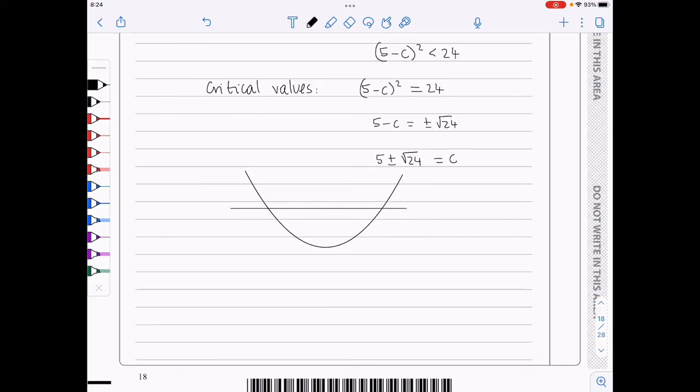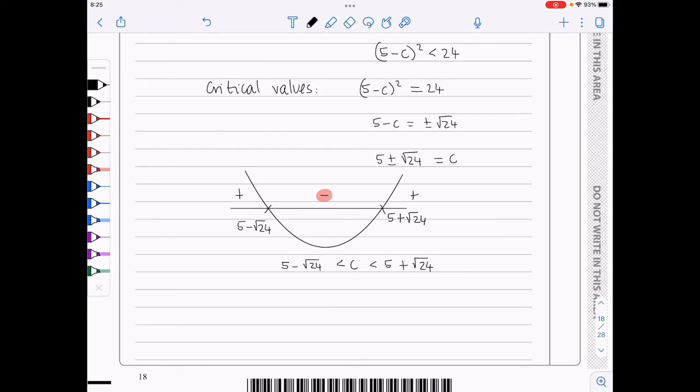It's a smiley parabola because if I expand this, the coefficient of c squared will be 1, which is positive. The critical values will go on this sketch, 5 minus root 24 and 5 plus root 24. We go plus, minus, plus, and we want to be less than. We want to be negative. So we want to be here. So we choose the inside region. So 5 minus root 24 less than c less than 5 plus root 24.